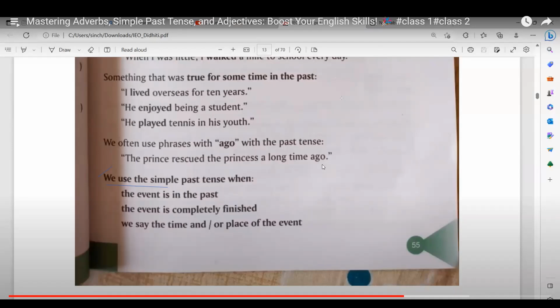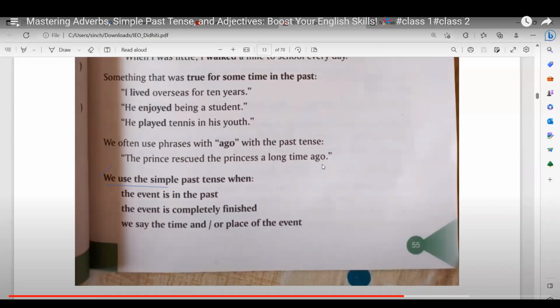Last time in our home, there was a thief that stole the pencil box of my brother. Okay, very good, excellent. The thief that stole the pencil box of my brother. Super, beta.